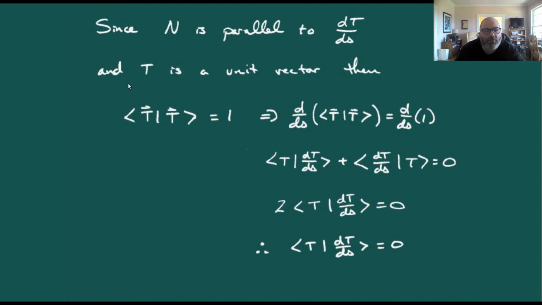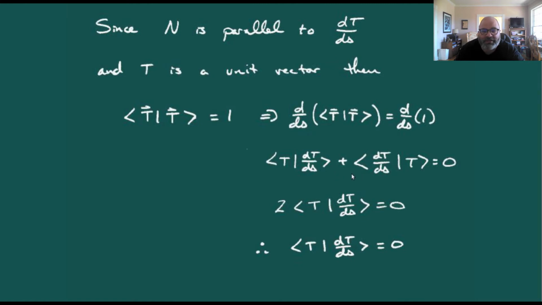Again, applying this property that we've talked about several times before, the dot product of the unit tangent with itself is always 1. Remember that this is our new notation that we're using to talk about the dot product. The unit tangent is always going to be of length 1. So we take the derivative of both sides with respect to arc length, and we get the product rule on the left, and a 0 on the right since it's a constant.